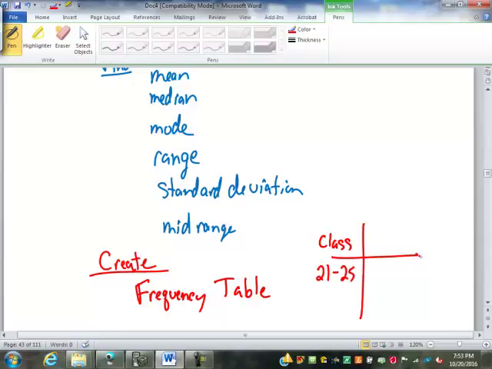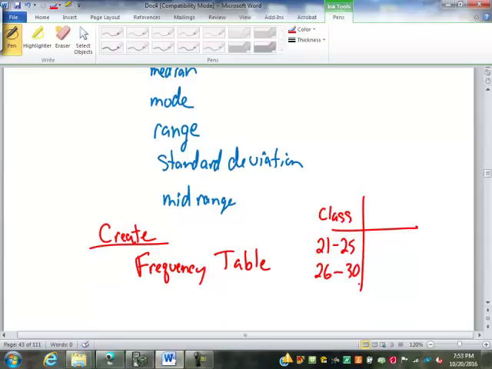What's my next class going to have to be? 26 to 30, then 31 to 35, and so on. So if I give you the first class, you have to be able to figure out what the next classes have to be. And then, of course, you have to go through the data and figure out what the frequencies are going to be. So you have to count how many is each range.